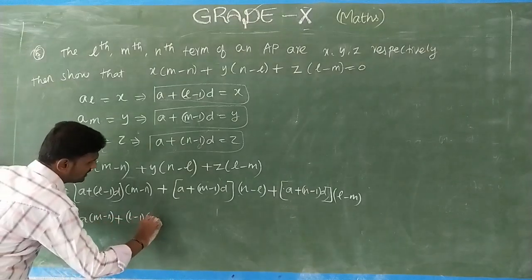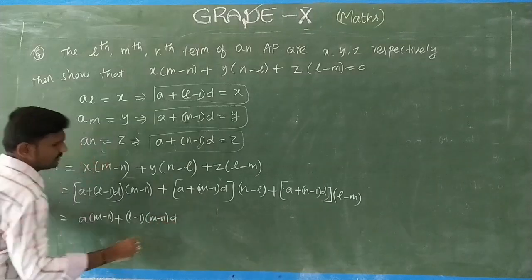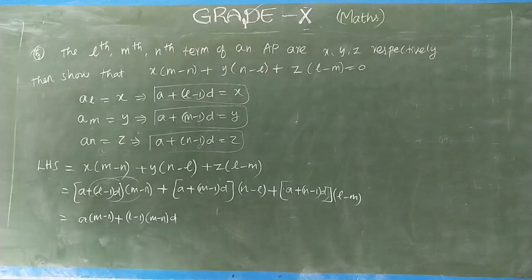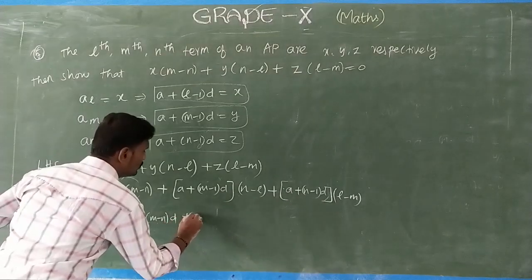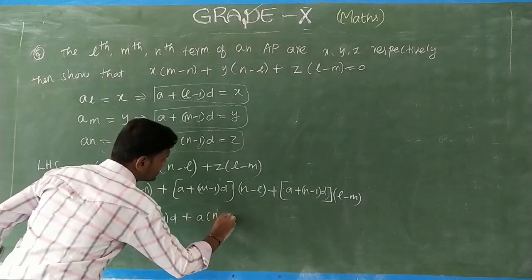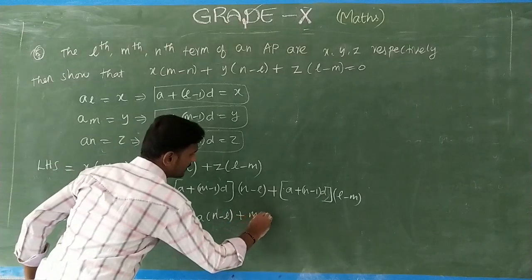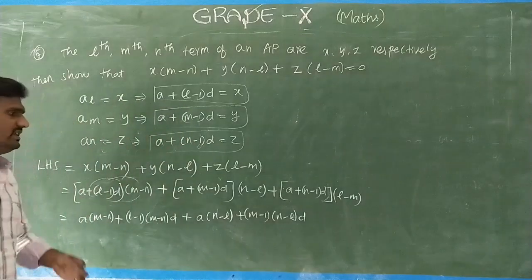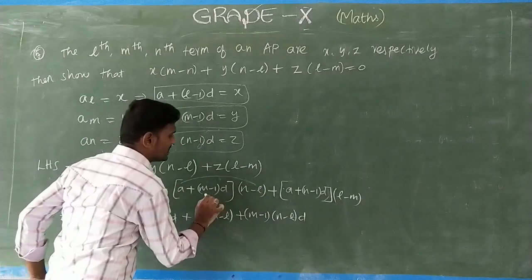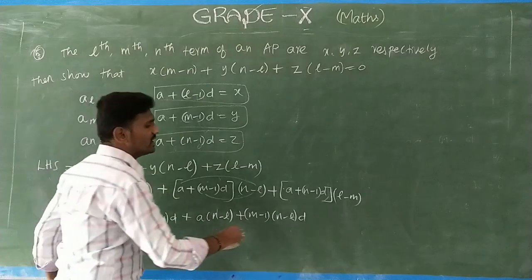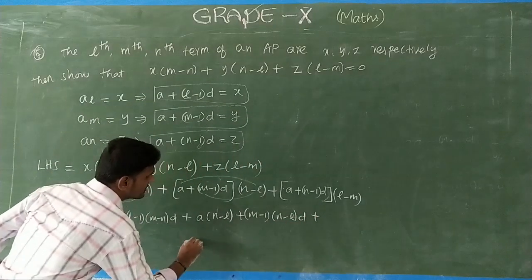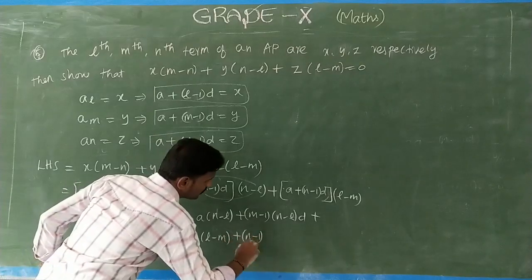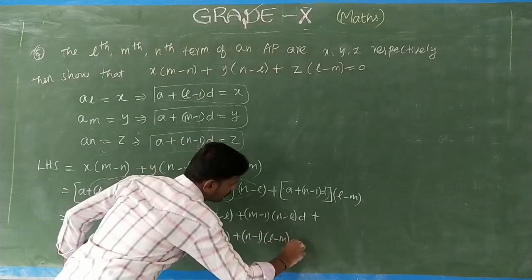Yes? Now I am going to multiply this to get a into (m minus n) plus (l minus 1) into (m minus n) into d. Yes, I am multiplying these two terms like that. And next also to do, a into (n minus l) plus (m minus 1) into (n minus l) into d. Yes, okay. So multiply the first and second term. And then the third also same we are going to do, that is a into (l minus m) plus (n minus 1) into (l minus m) into d.